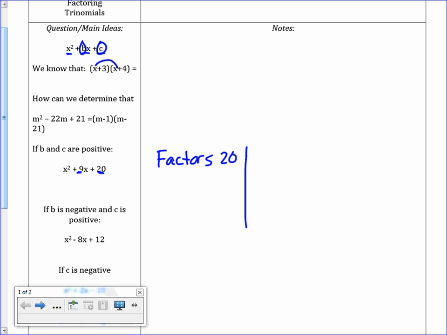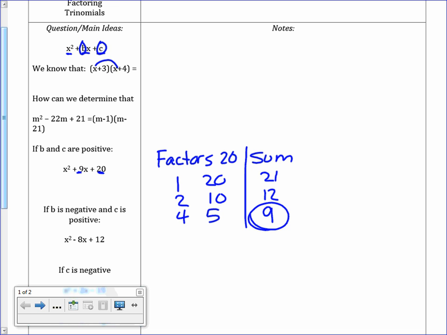The factors of 20 are 1 times 20 would equal positive 20, 2 times 10 would equal positive 20, and 4 times 5 would equal a positive 20. So now I want to figure out the sum of those factors. 1 plus 20 is 21. 2 plus 10 is 12, and 4 plus 5 is 9.